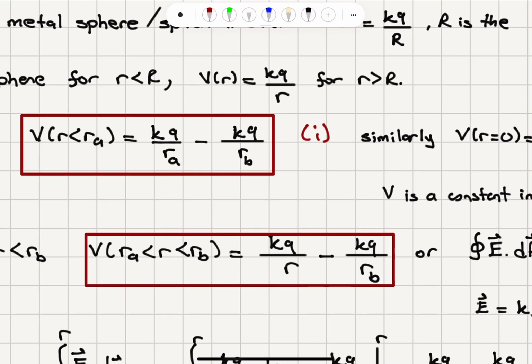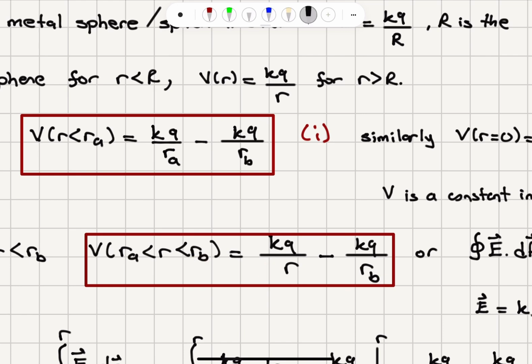It is kq over r sub A minus kq over r sub B. Or here, if you substitute r equal to r sub A, kq over r sub A minus kq over r sub B. Or if you substitute r sub B, you will get 0.